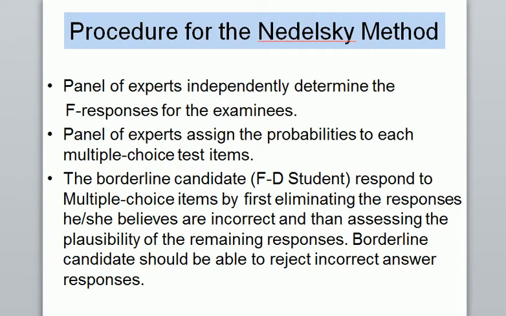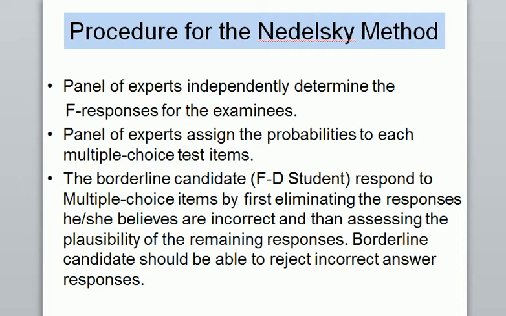The borderline candidates, F to D students, respond to multiple choice items by first eliminating the responses he or she believes are incorrect and then assessing the plausibility of the remaining responses.